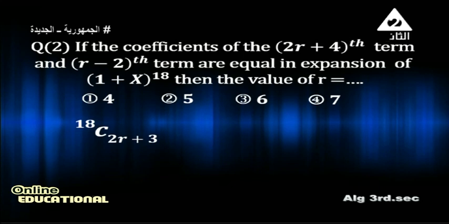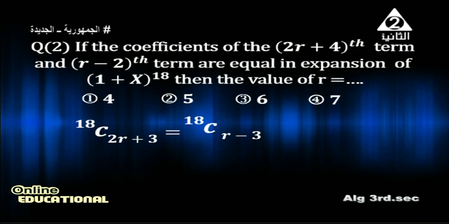18C(2r plus 3) must equal 18C(r minus 3). How? Look at the given.